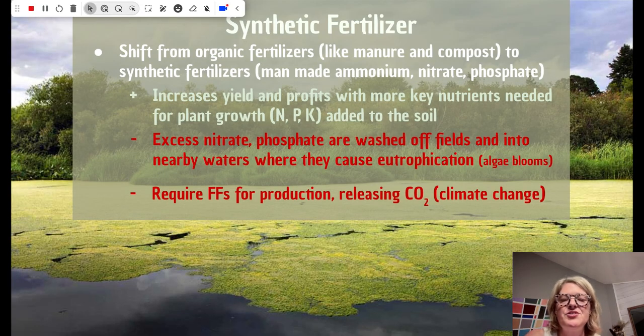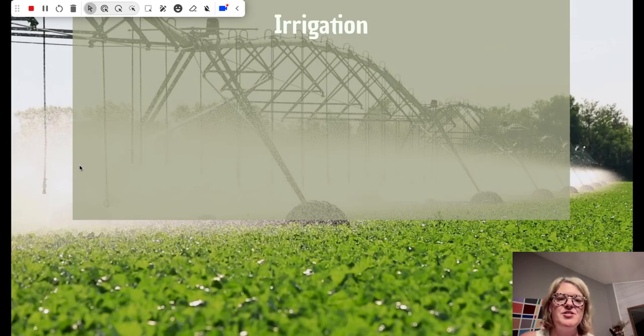The other issue with synthetic fertilizer is that in order to produce it, it requires fossil fuels. Using these fossil fuels releases CO2 into the environment, which then adds to climate change.